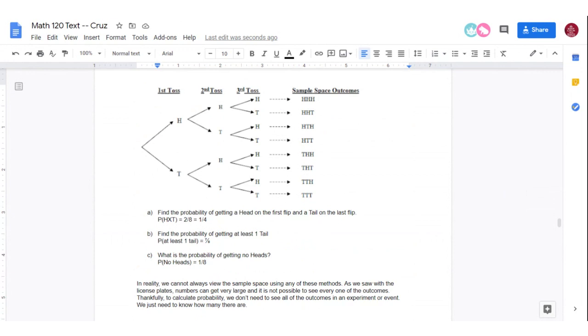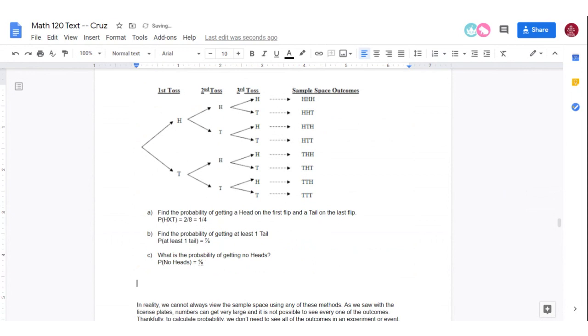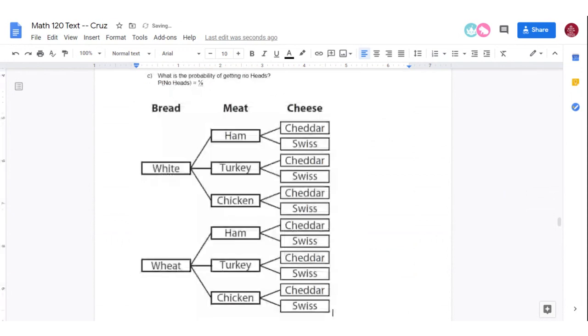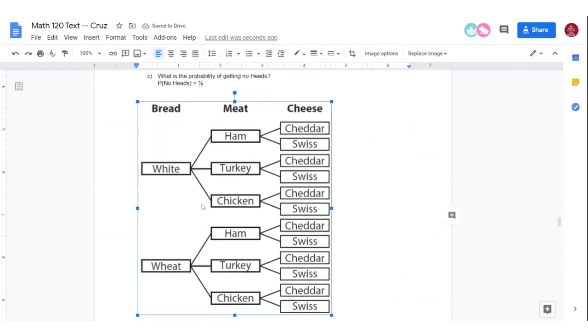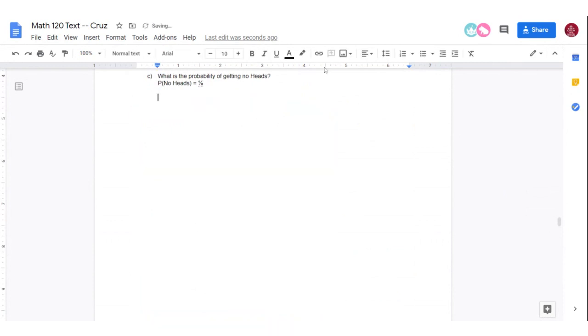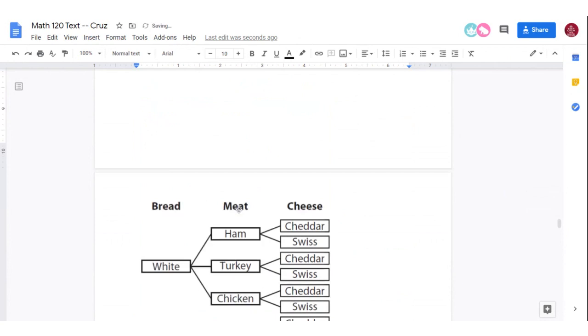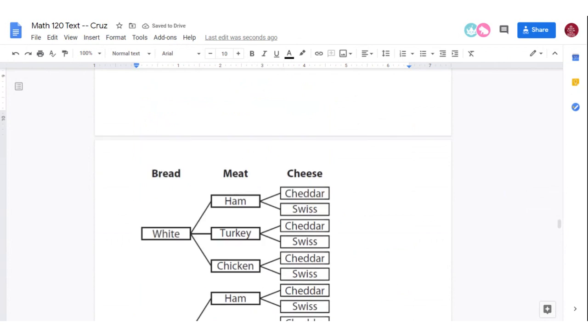Here's a neat little one. Okay, here's a sample space for making a sandwich. It's got 3 components to it.